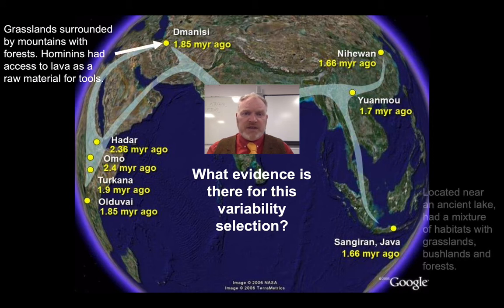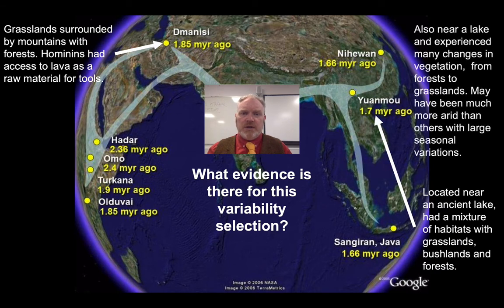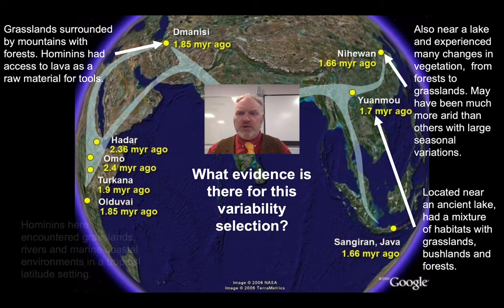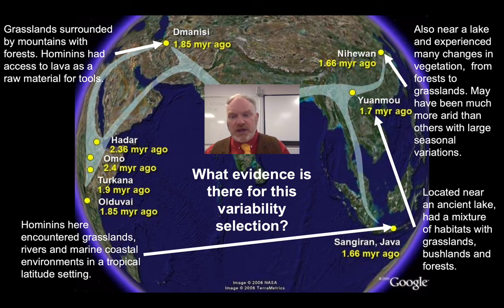So we have this place, Dmanisi, that has grassland surrounded by mountains and forests. You've got lava as a source of tools. Nihewan is a lake with lots of changes in vegetation, forests to grasslands. It could have been quite arid as well. Yuanmou has an ancient lake as well, a mixture of different habitats.